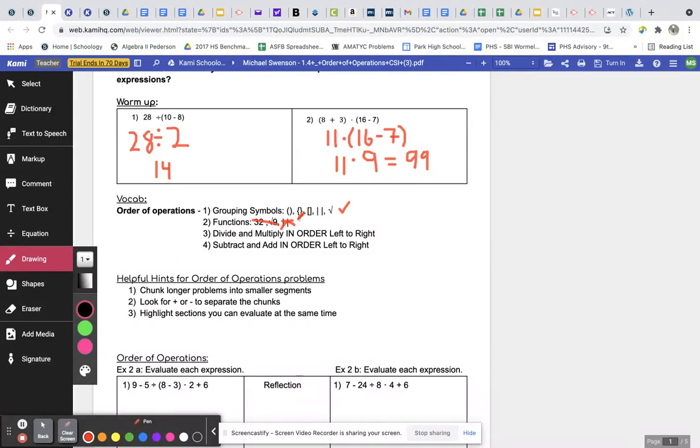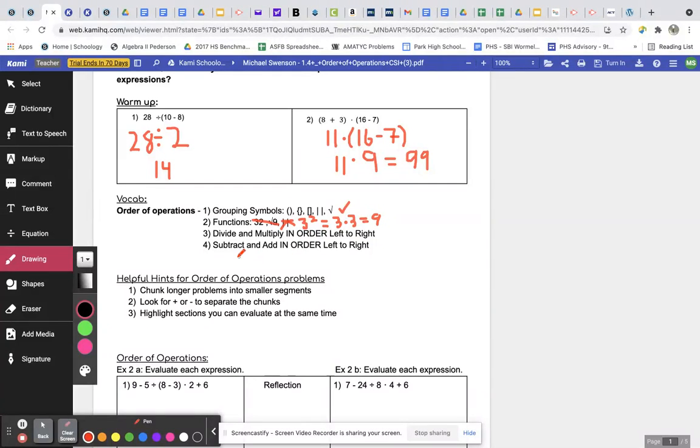Functions, right? Basically, when we think about functions, we should be thinking about things like exponents. 3 to the second power. And just recall when you're working with exponents, that little superscript 2 right there means that you are multiplying 3 by itself. So do that, multiply that by itself, and get the answer.